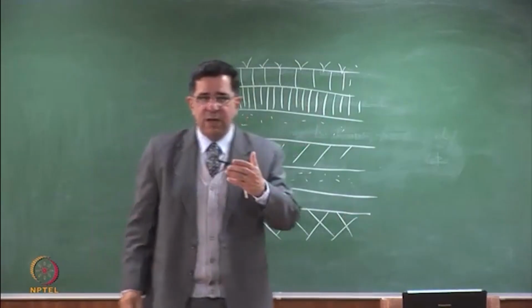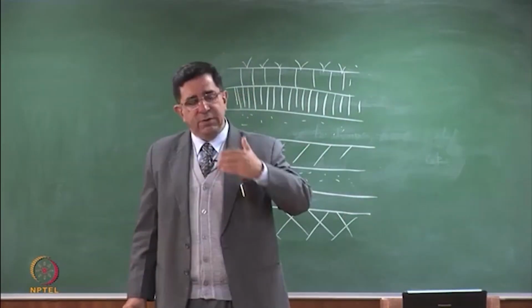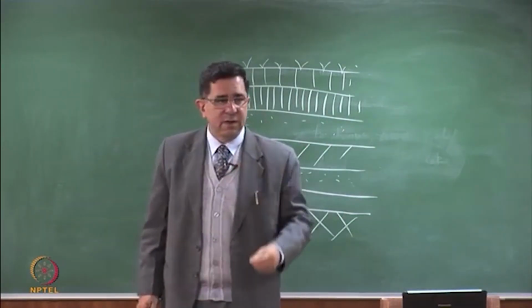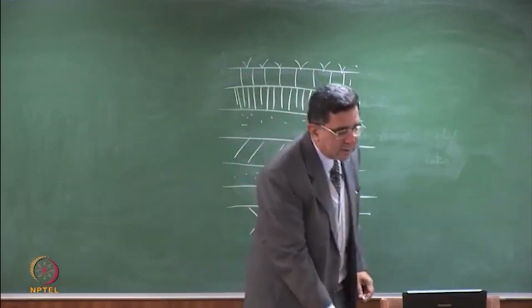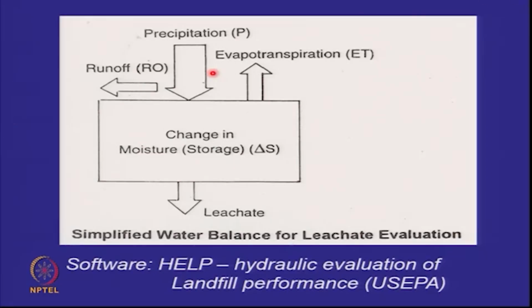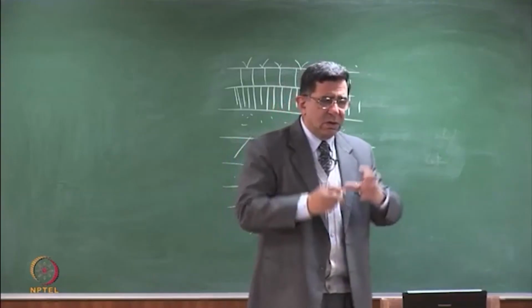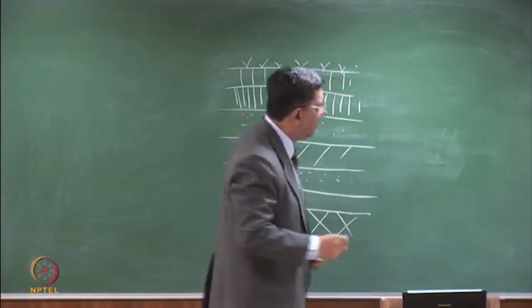So we are now trying to estimate the quantity of leachate which is generated. And if you look at this diagram, it says precipitation, runoff, evapotranspiration, change in moisture, and then leachate. Okay? These are bulk, large, gross processes. Rain will fall.